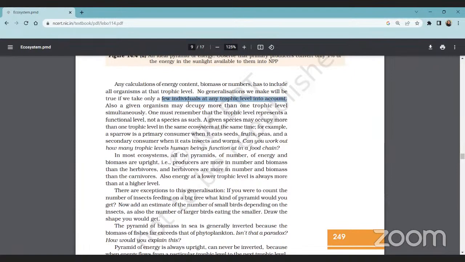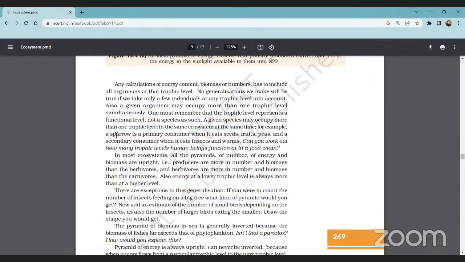One must remember that the trophic level represents a functional level. Trophic level means energy is passing from one trophic level to another, so it is always a functional level, not a species as such. A given species may occupy more than one trophic level in the same ecosystem at the same time.